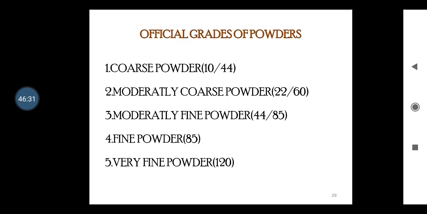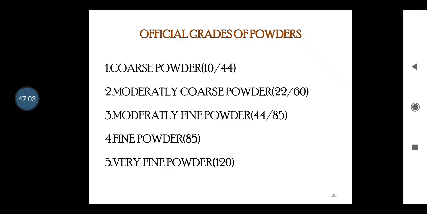For the lower limit of the moderately coarse powder, that is 22, the nominal mesh aperture size is 710 micrometer. For the upper limit, sieve number 60, the nominal mesh aperture size is 250 micrometer.